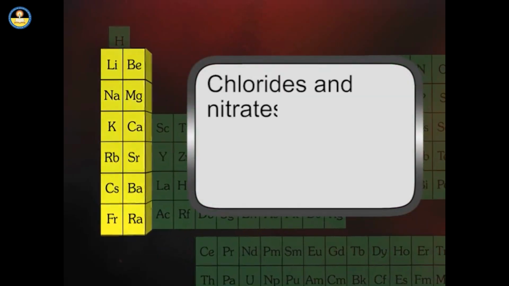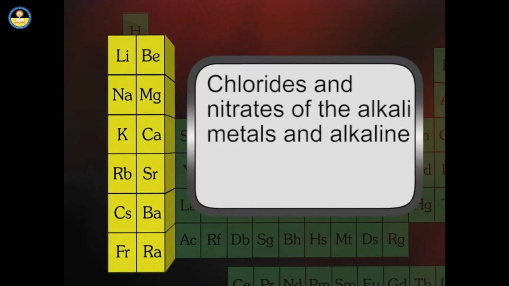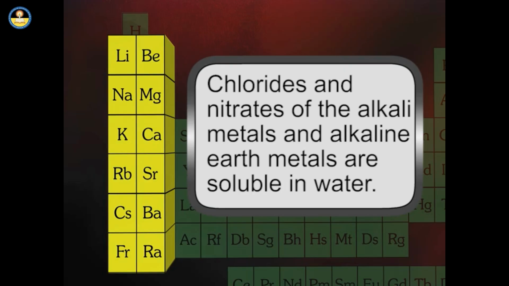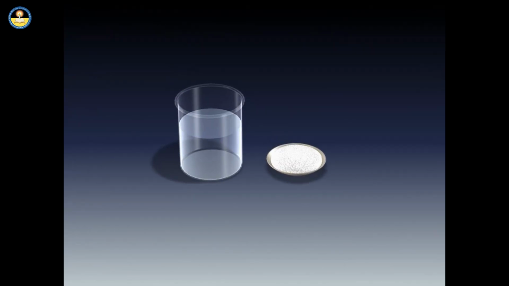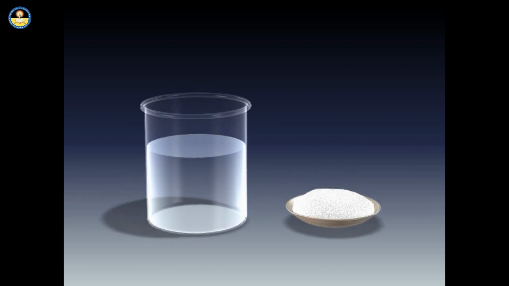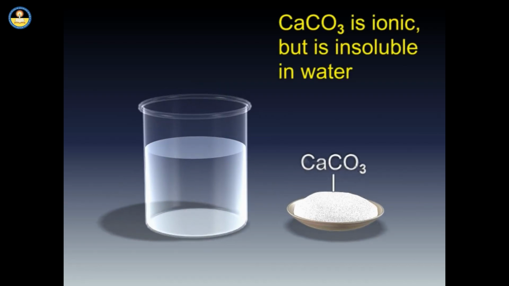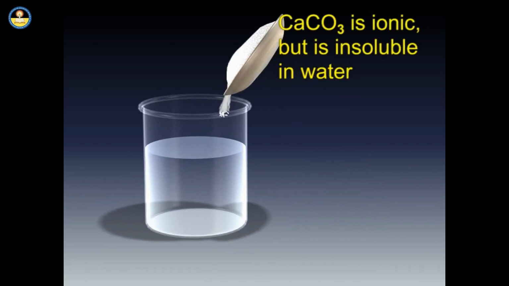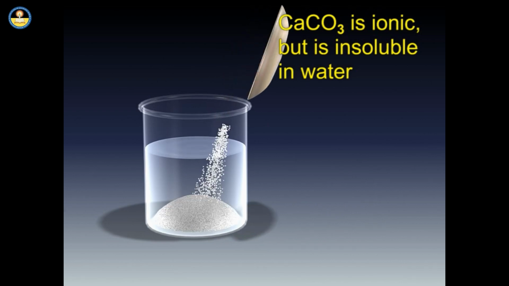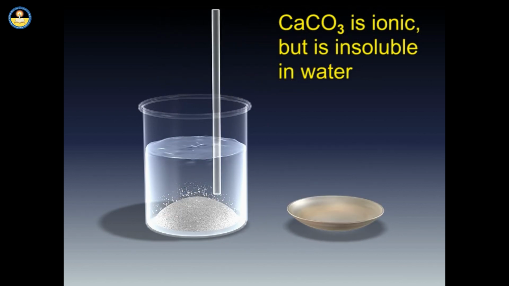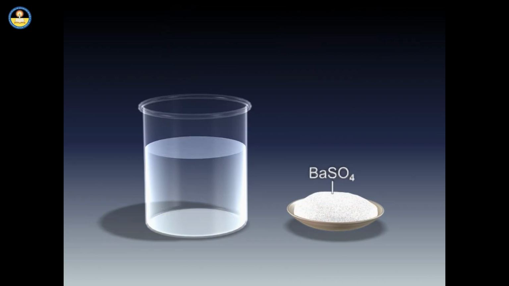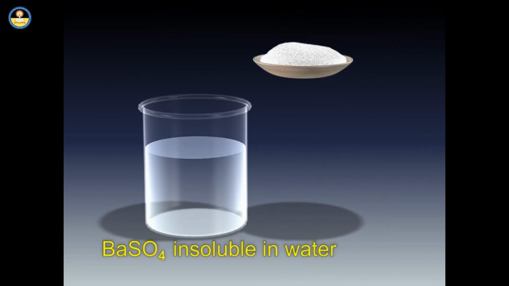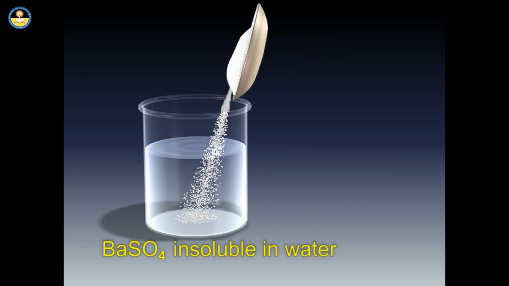Most chlorides and nitrates of the alkali metals and alkaline earth metals are soluble in water. Not all the ionic compounds are soluble in water. For example, calcium carbonate is ionic but insoluble in water. Barium sulfate again is ionic but insoluble in water.